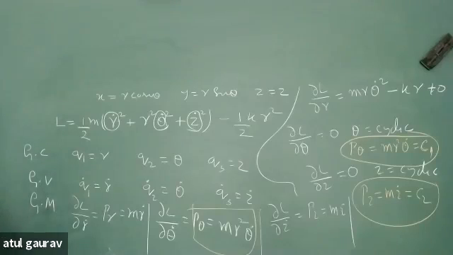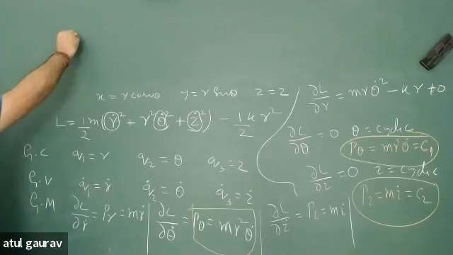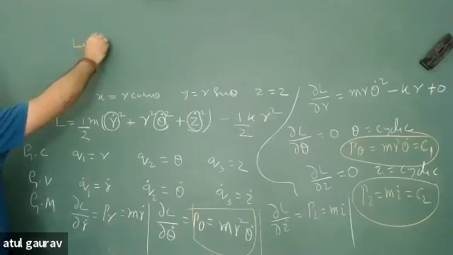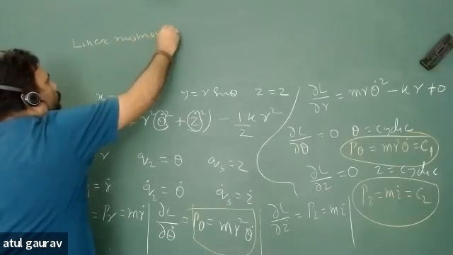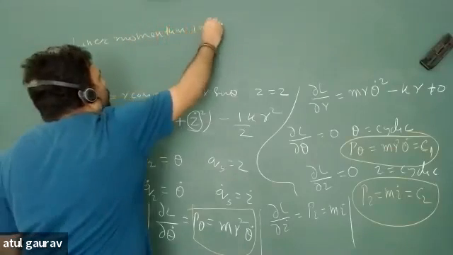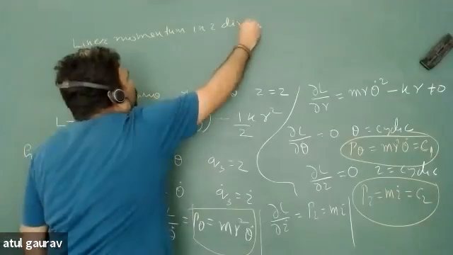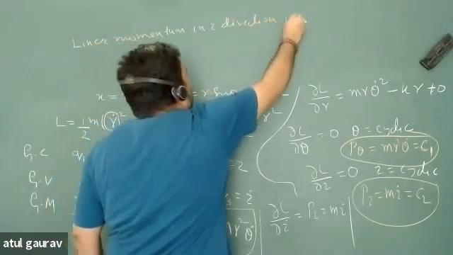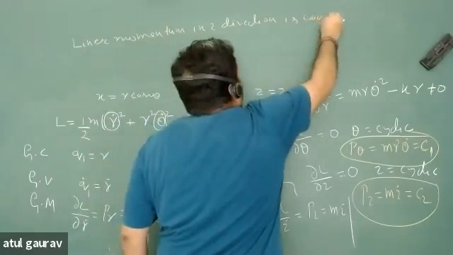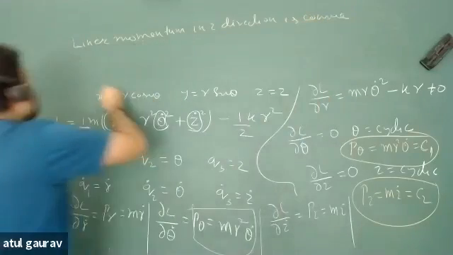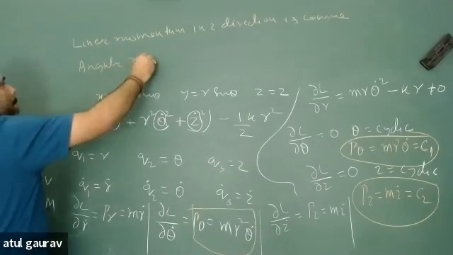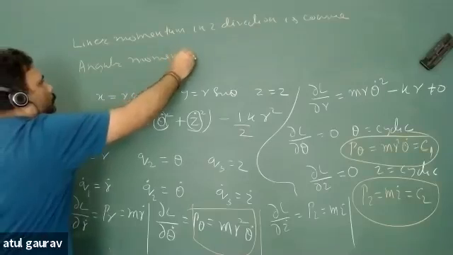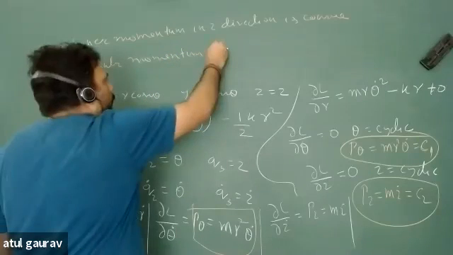So from here, we can just say that linear momentum in z direction is conserved, as well as angular momentum in z direction.